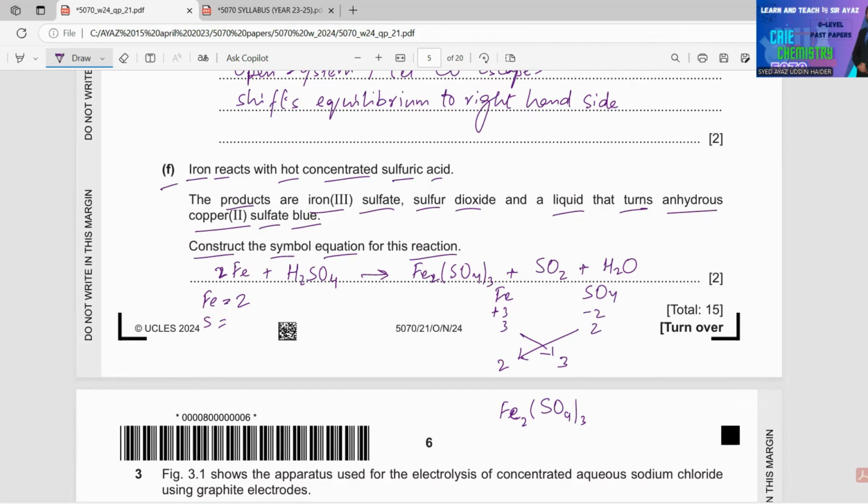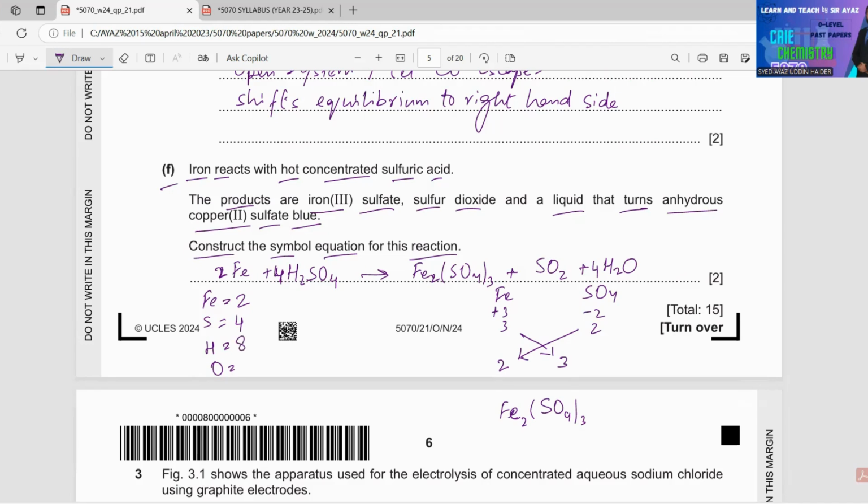On the product side, we have 4 atoms of sulfur. So what if I write 4 before H2SO4? Sulfur is 4 here, it's balanced. What about hydrogen and oxygen? Hydrogen, 4 2s are 8, so I will write 4 before H2O. Hydrogen is balanced.